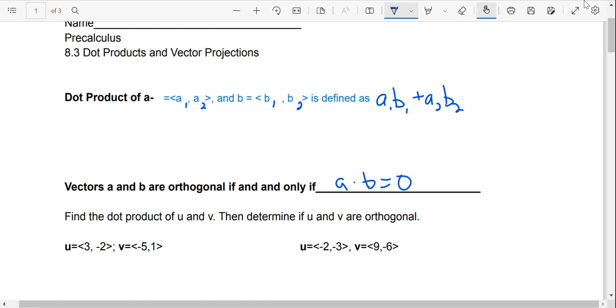Dot products and vector projections. So what is a dot product? Let's say we have vector A, which is A sub 1, A sub 2, and B is a vector B sub 1, comma B sub 2.